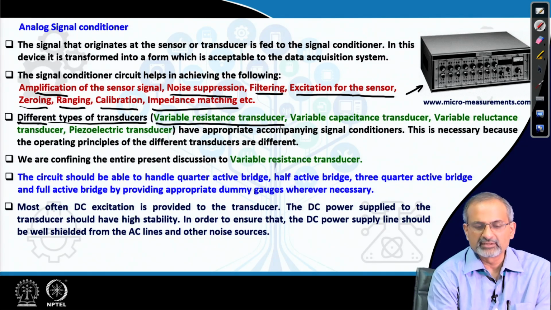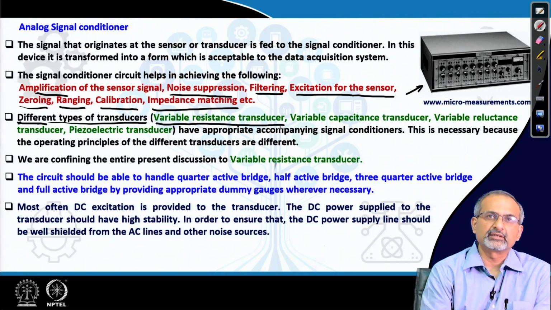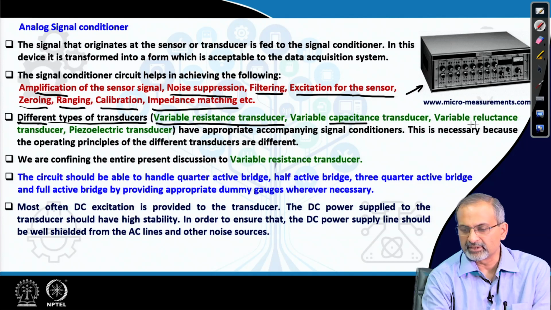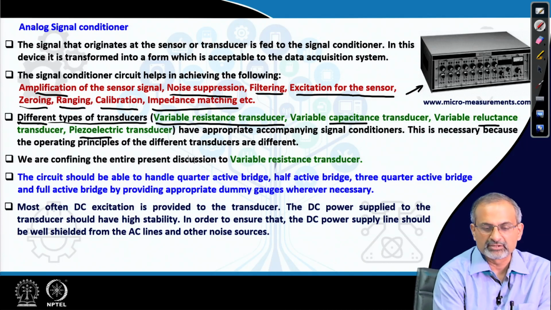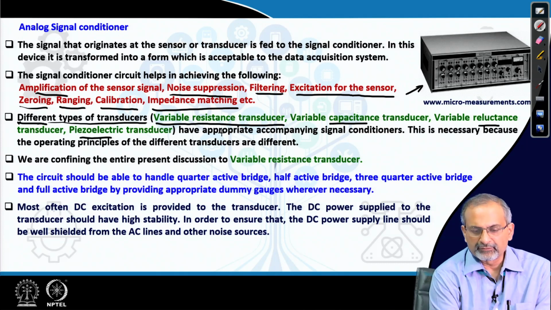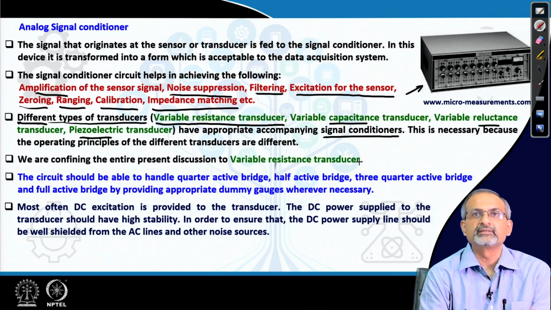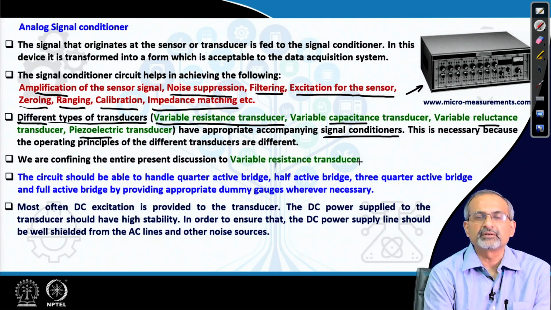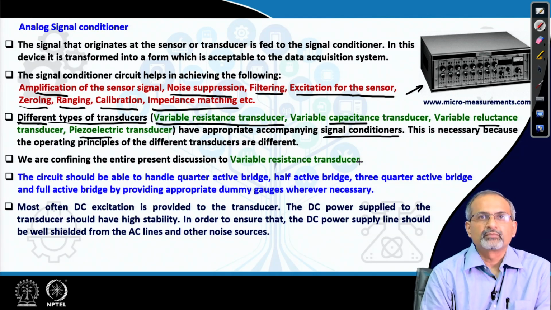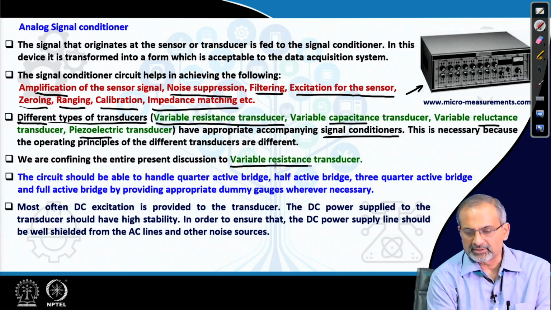We are mostly concentrating our discussion on variable resistance transducers, but we have discussed earlier that there could be other kinds based on capacitance, reluctance, or piezoelectric transducers, and they have to be appropriately accompanied by corresponding signal conditioners which are compatible with them. This is because the operating principles of the different transducers vary. As I said, we are going to concentrate on variable resistance transducers.